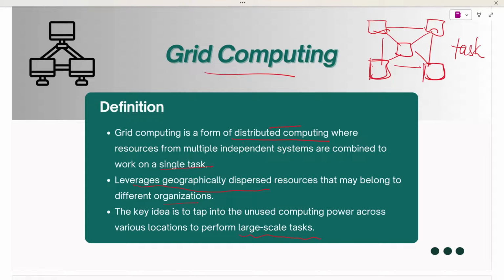So, in the case of science, if there are scientists working from different geographical locations, they can all get connected and work on one single task, and they can easily process the high quality data generated by their systems. So grid computing easily helps to combine multiple computers to work on a single task.